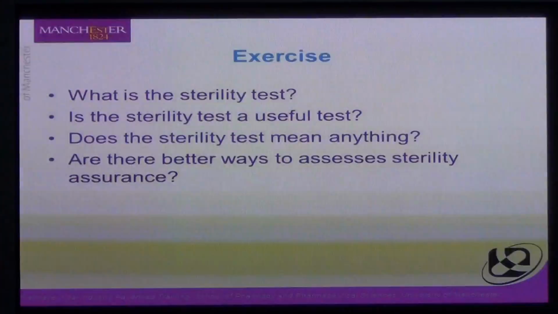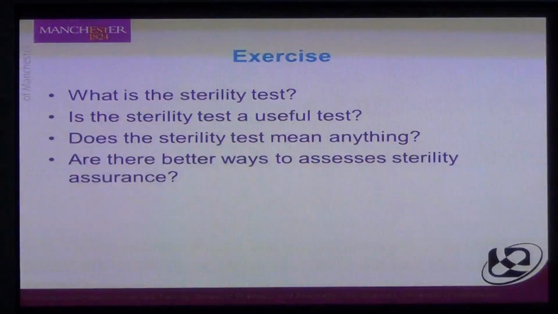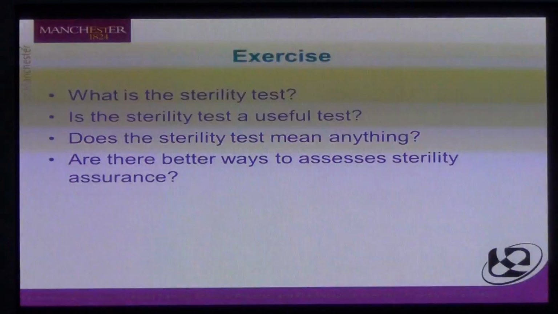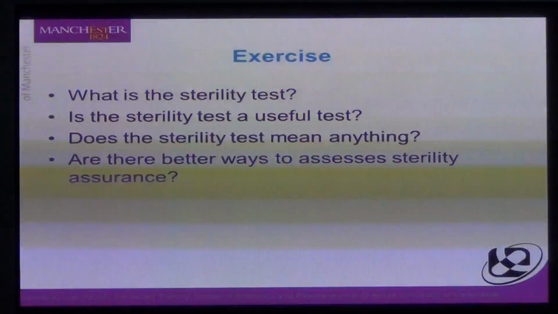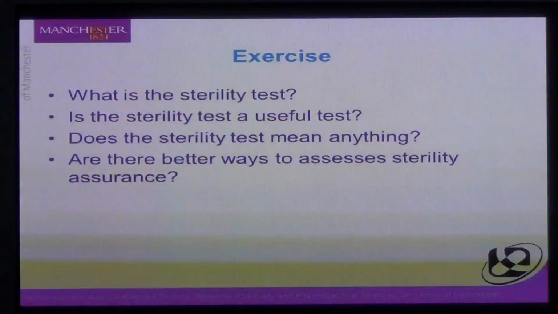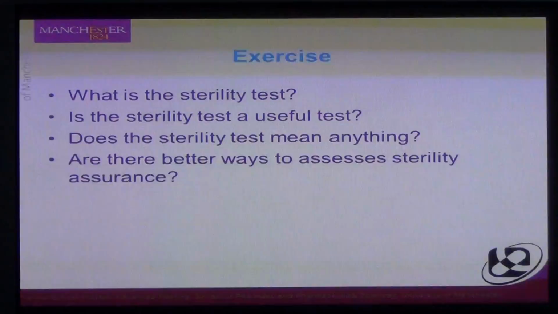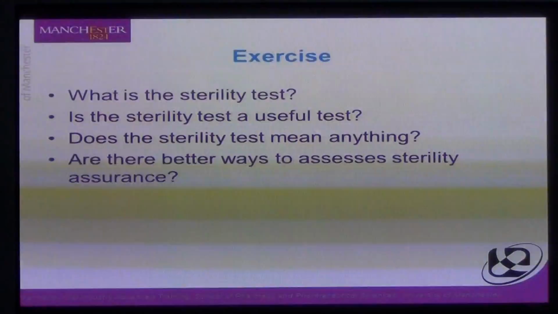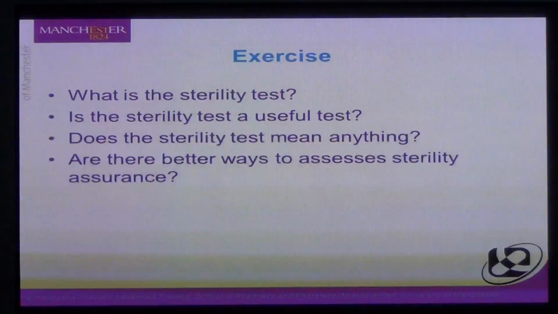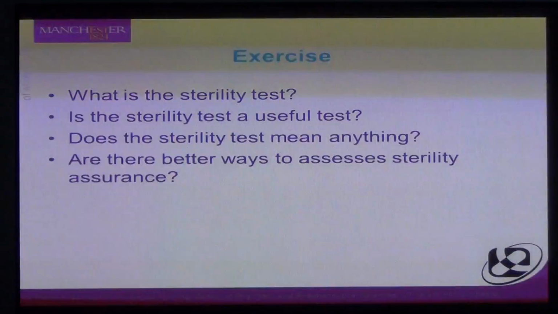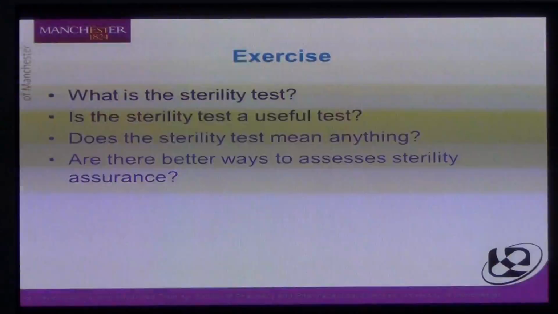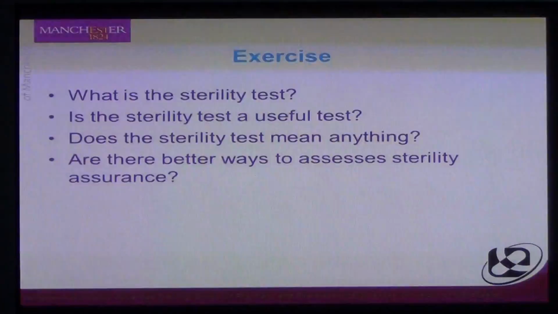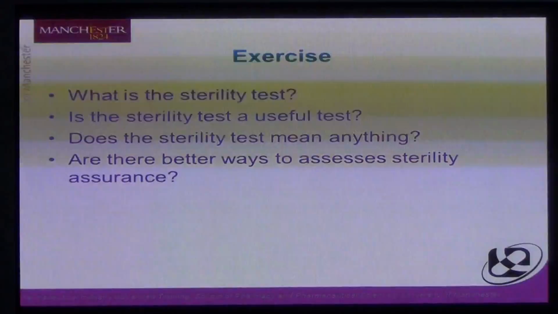Does it actually mean anything? And are there better ways to assess sterility assurance in pharmaceutical processing? So if you take about 10 minutes or so, have a group discussion, then come back, share your ideas, and then I'll be back with some of my thoughts. So if the person looking after the video can now pause it, I'll be back in a minute.